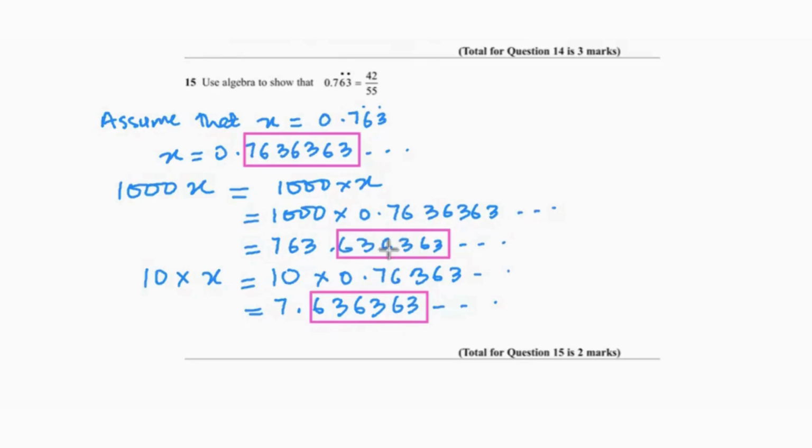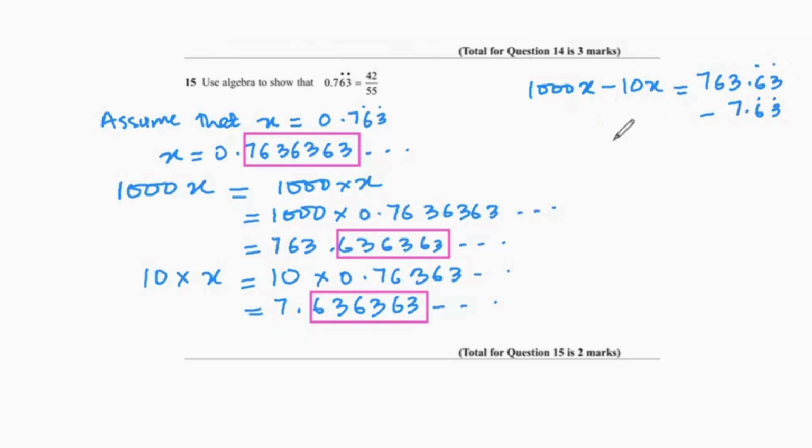So once we have the numbers after the decimal exactly the same, what we will do next is subtract 1000x and 10x on the left-hand side. On the right-hand side, we'll be subtracting 763.63 recurring and 7.63 recurring.